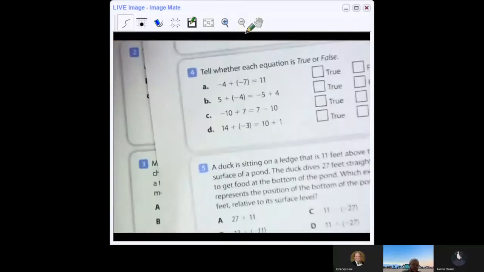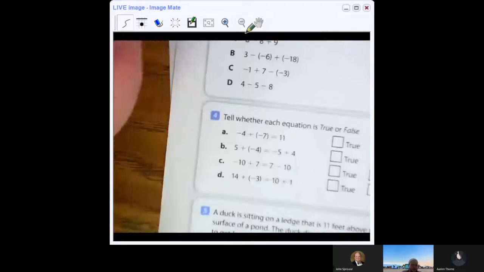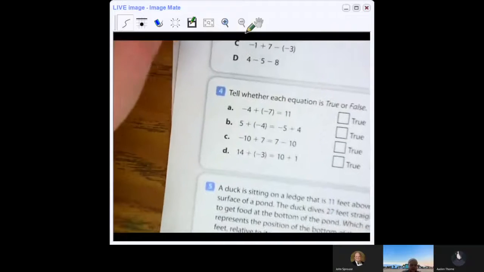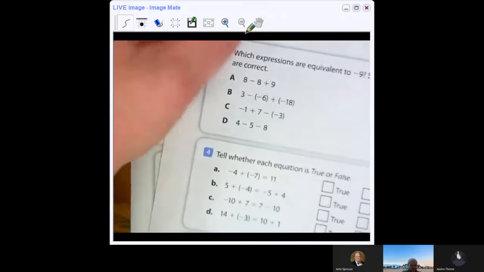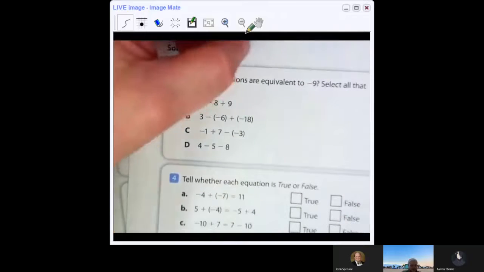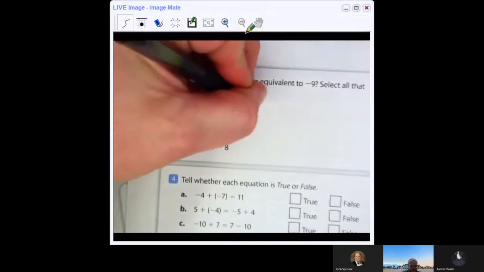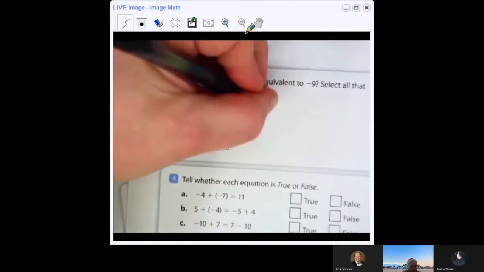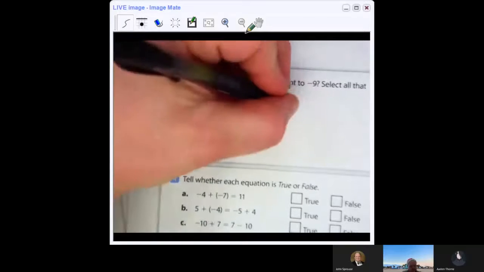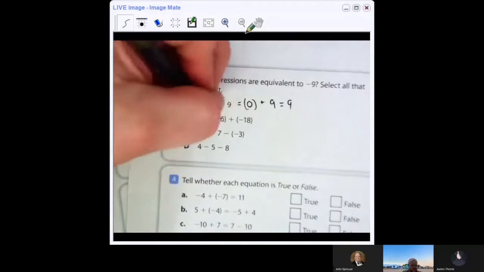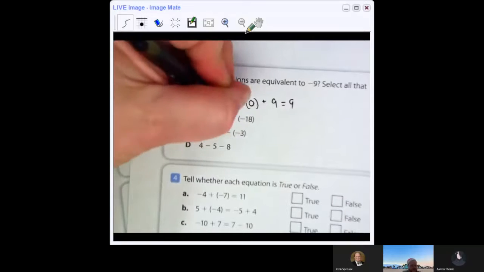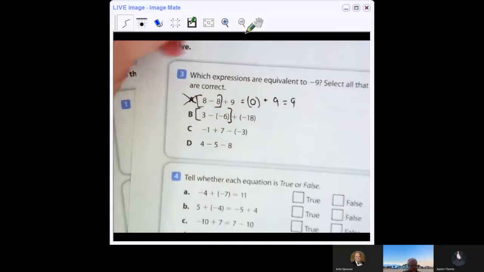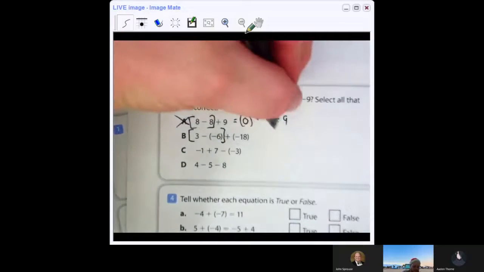So let's move on. It says here, which expressions are equivalent to negative 9. Mark the ones that are correct. So 8 minus 8 is 0. 0 plus 9 is 9. That does not work. How can I rewrite this that I have in brackets as something that's an addition problem?